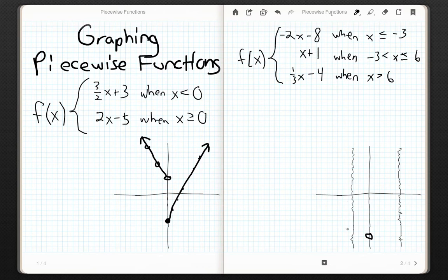And now we have a slope of -2, so we're going to go up 2, left 1, up 2, left 1, up 2, left 1. And now this is the point where we're starting on the line x equals -3. And since it's less than or equal to, equal to means we can fill it in as a closed point. And now we just continue up with that slope of -2 and draw the line.